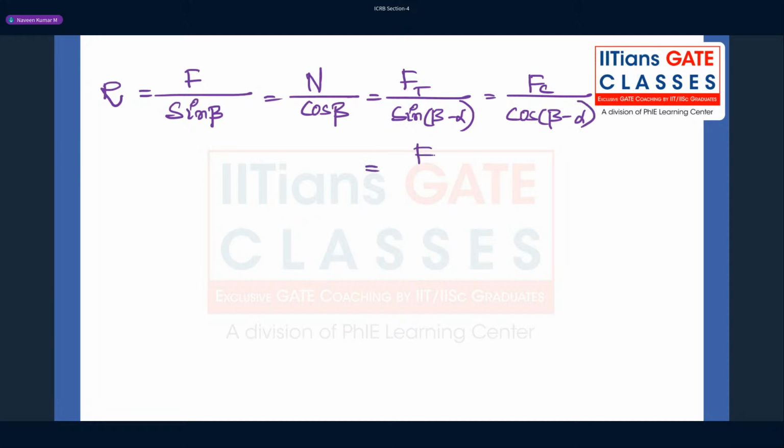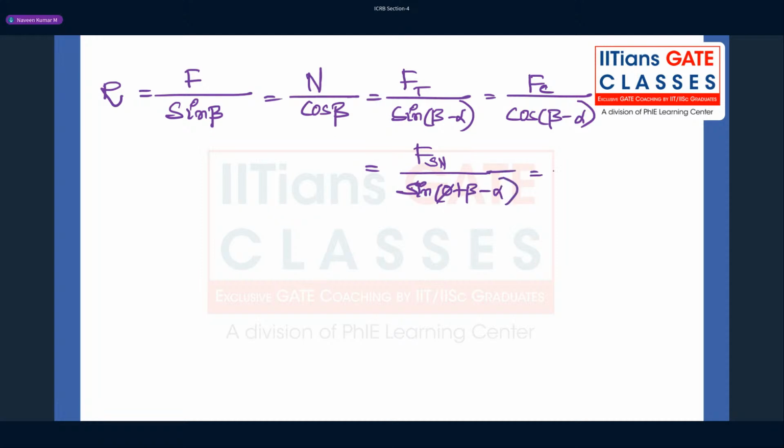And this is Fc, cutting force, divided by cos beta minus alpha, and the force perpendicular to the shear force is divided by sine phi plus beta minus alpha, where phi is the shear angle.